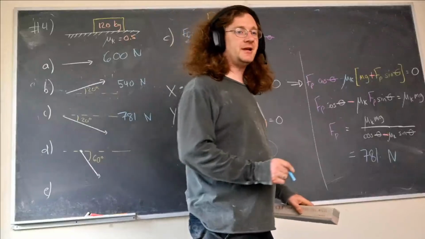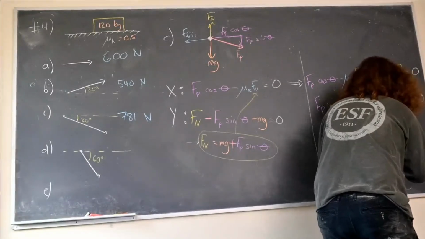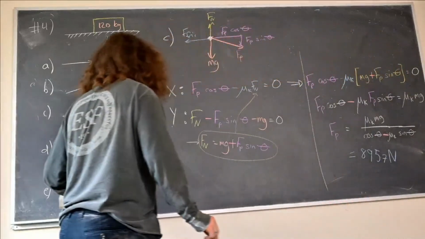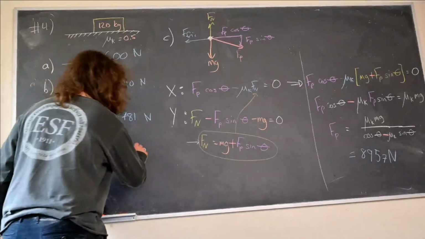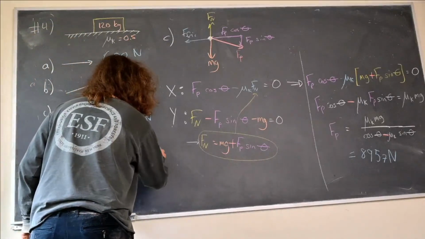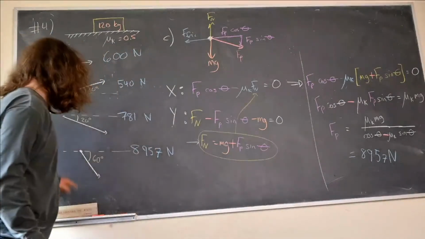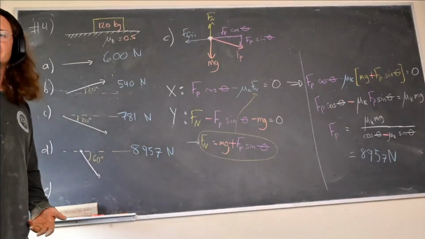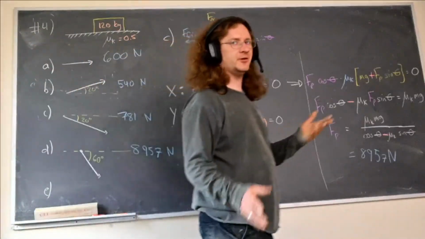But with the numbers I gave you this year, it's possible, but just barely. You get almost 9,000 newtons. Because as you're pushing down at this steep of an angle, you're generating friction by pressing down almost as efficiently as you're pushing it to the side.